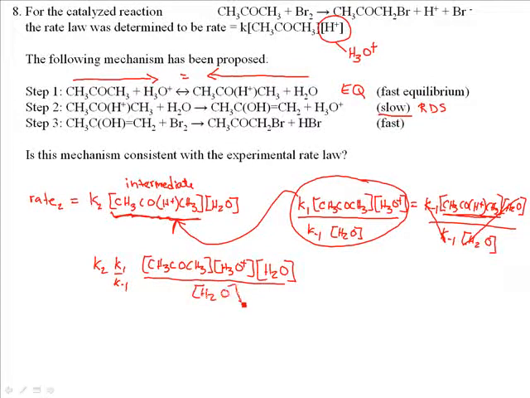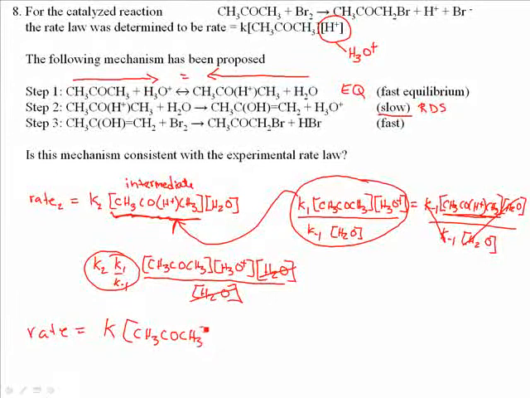So now these waters cancel out, and I'm just going to combine all these K's into one K. So my rate is equal to K times the concentration of CH3COCH3 times H3O plus. Again, that's the same thing as H plus.